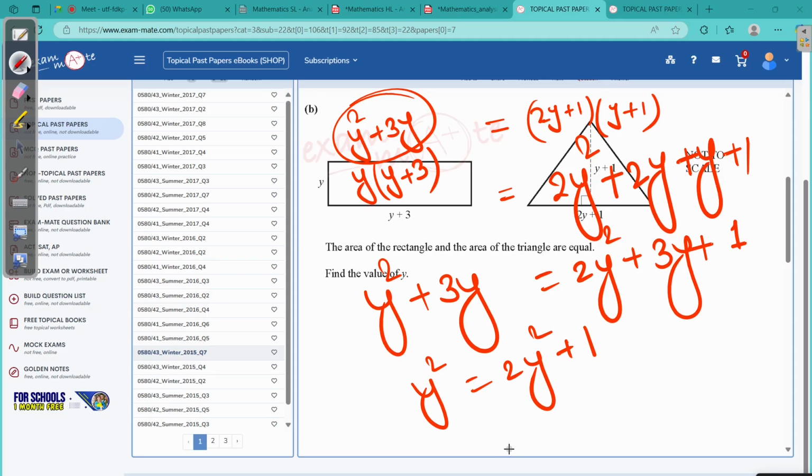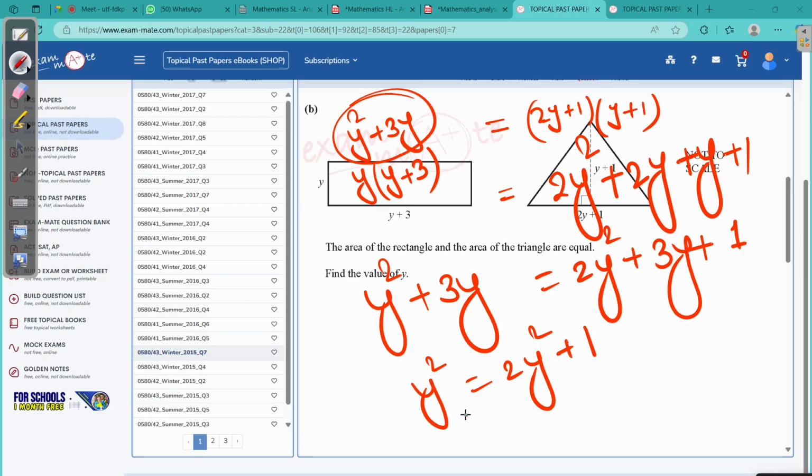That's not going to make any sense, is it? Why not? You can solve it. Okay, then if I minus 1, y squared minus 1 is equal to 2y squared. So how would I solve this?